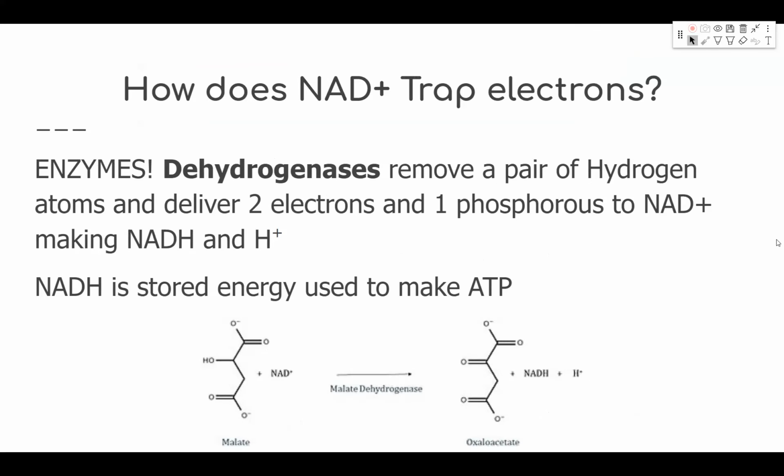All right. So, how does NAD trap electrons? How do we get those electrons from glucose to that carrier? A fancy enzyme called a dehydrogenase.